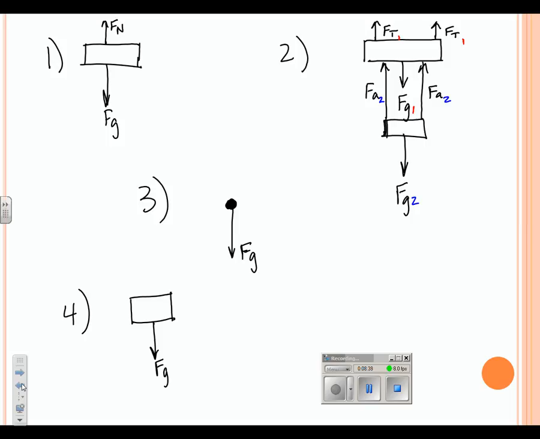It's just going to keep doing what it's doing. So if there's no change in the motion, then the forces have to balance out. So I can't just have this force. It does say to consider air resistance, though, and air resistance is really just a special form of frictional force. So this F of F would have to equal this F of G in order for me to just hit a constant velocity and not change at all, and for it not to be accelerating when it goes downwards. So that would be the picture for number 4.